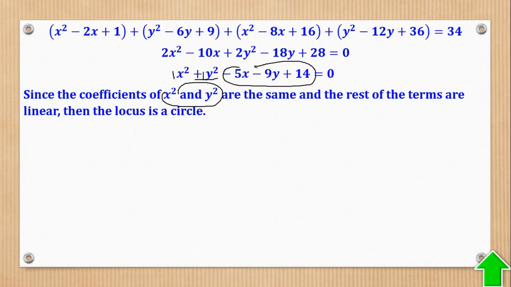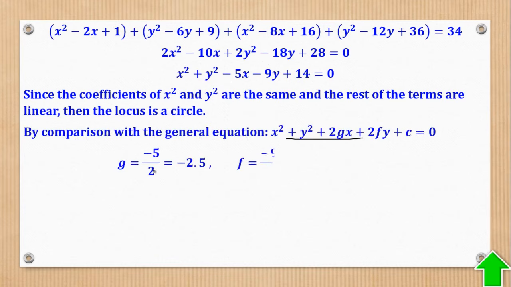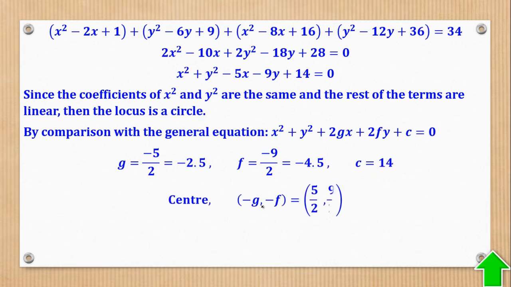So all these terms are linear. It implies that the locus is a circle. Then by comparison with the general equation of the circle, g will be this, f will be this, and c will be this. I believe by now you know where they come from. Therefore the center will be this and the radius will be given by that.